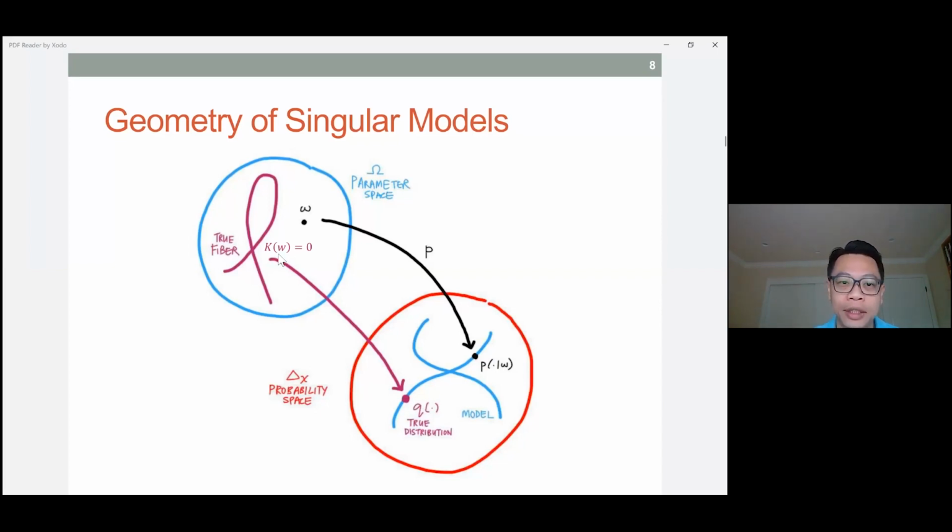I'm not going to say as this analytic variety here because it's not analytic, but the algebraic structure of that algebraic variety is going to give us the generalization error of the statistical model.